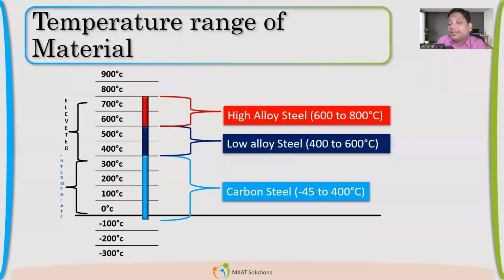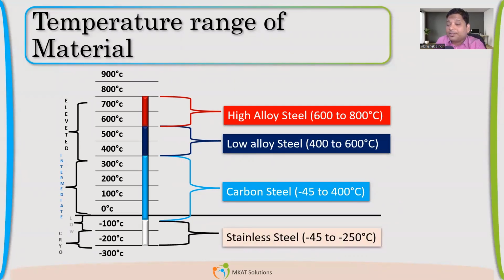That is the problem with SS, and that is the reason low alloy steel becomes the material for these temperatures. So we have covered from 370 up to around 600 with low alloy steel. Beyond that, we have high alloy steel, which is SS. Pretty simple on the temperature chart.